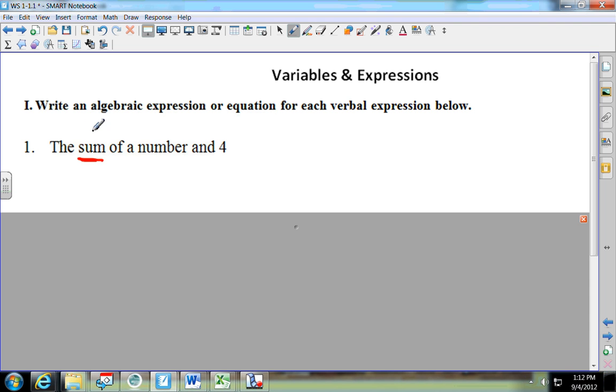It tells you add, and I normally make my notes up there above it. Of a number. Okay, we don't know what the number is. That's going to be our variable. So you can use n, you can use x, LMNOP, XYZ. Now I know my ABCs. Okay, bad jokes. Anyway, so when we're going through to write it, we're going to write a number plus 4 because it's the sum of a number and 4.